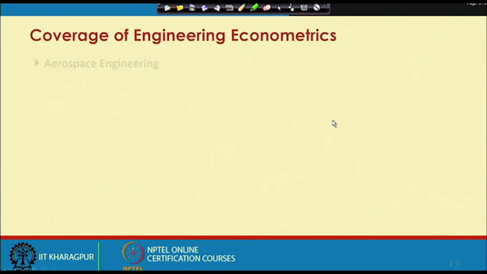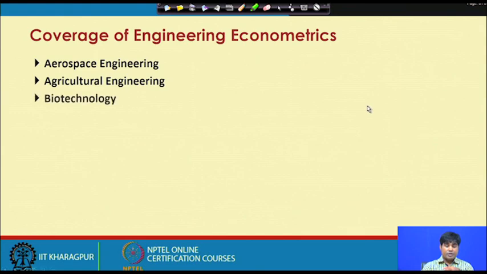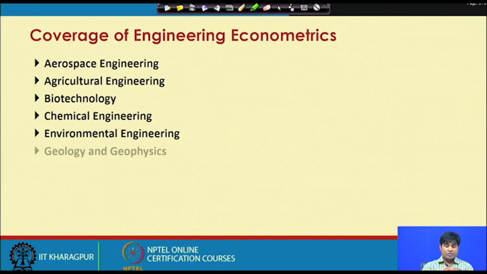Now, what is the coverage we have in engineering econometrics? The structure starts with aerospace engineering, then agricultural engineering, biotechnology, chemical engineering, environmental engineering, geology and geophysics.